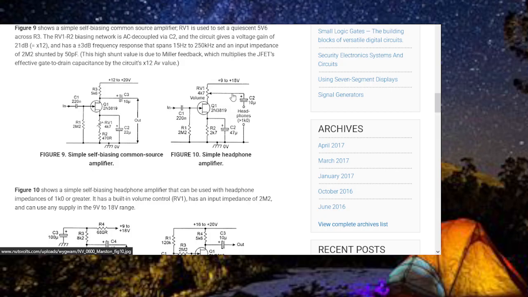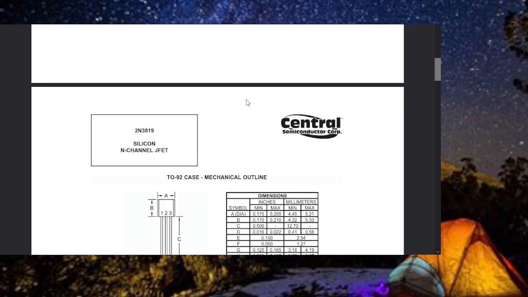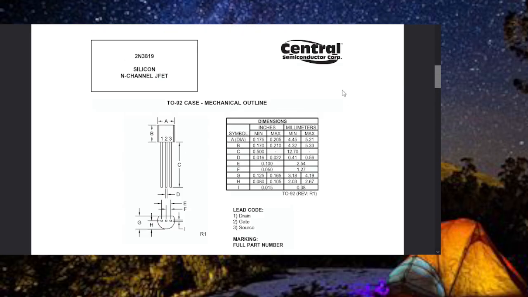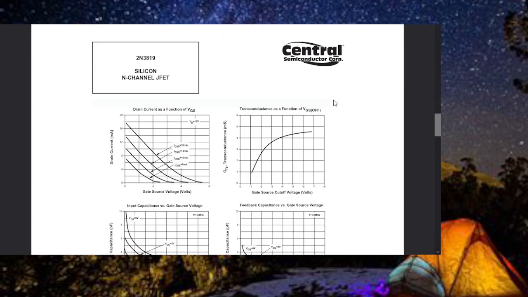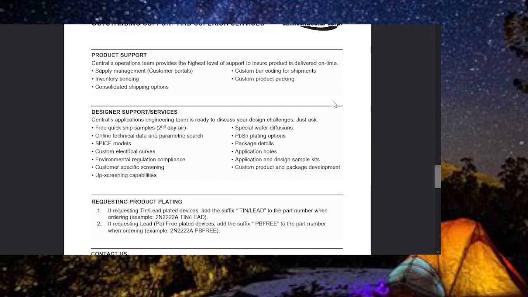So the frequency range of this 2819, if I go back and look at it again, is it even in here?